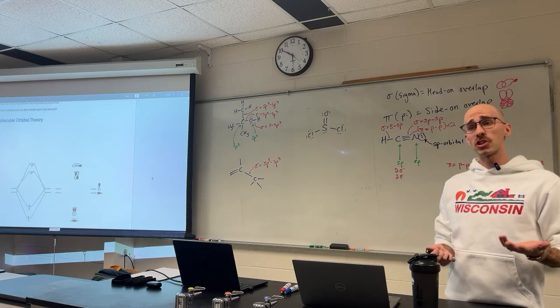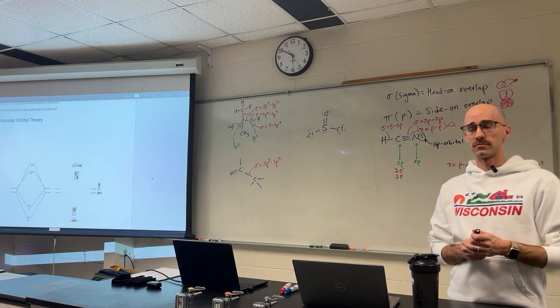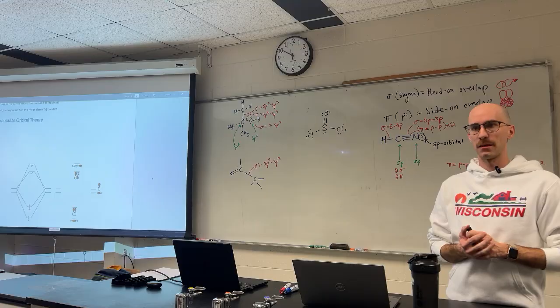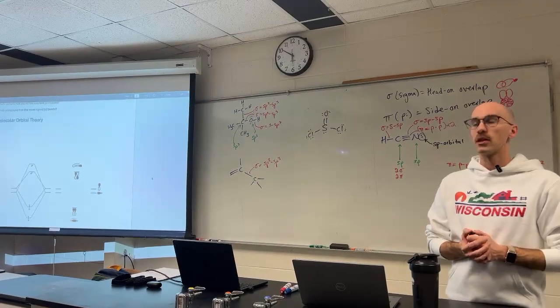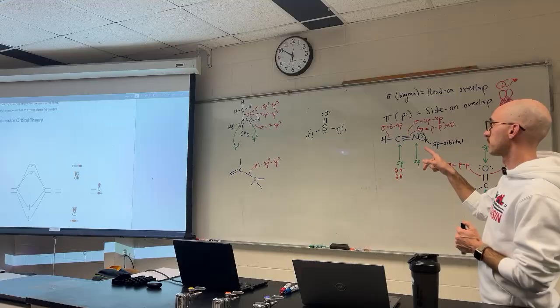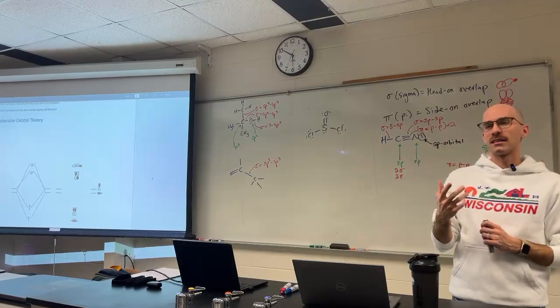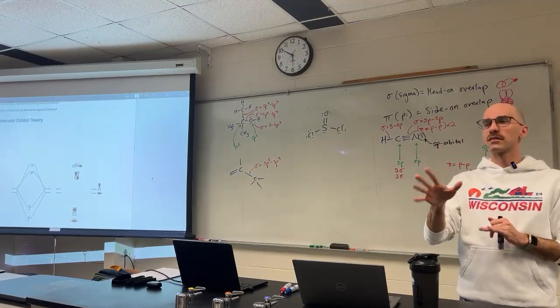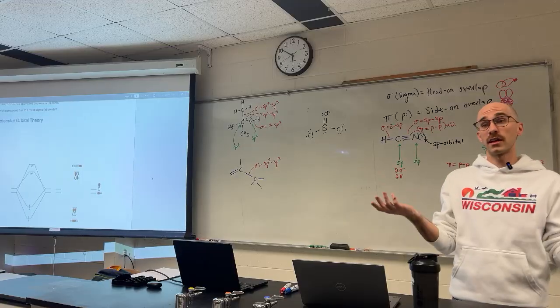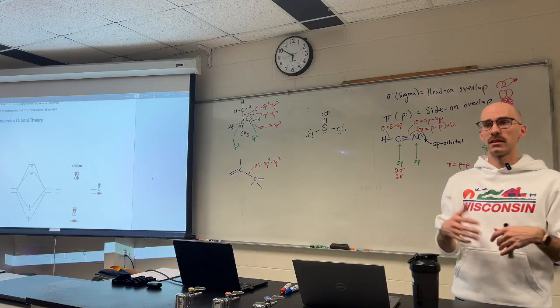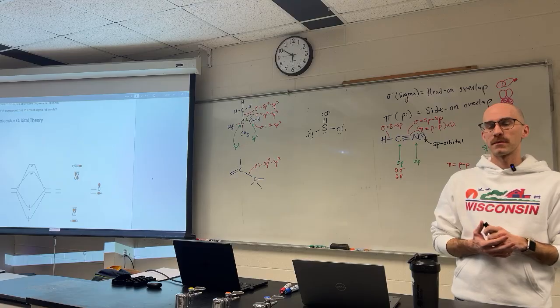It comes down to charge. If that is the case, then why are there 5 bonds instead of 6? Sorry, there are 5 bonds, 10 electrons around sulfur when it could get up to 12. So why is that the case?